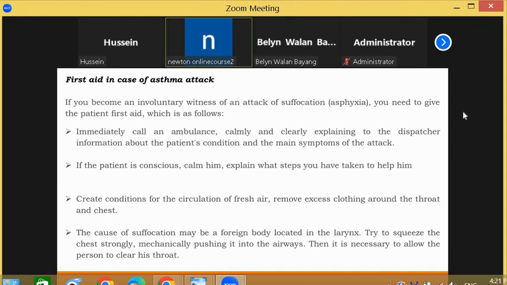The name of the administrator, please send one message to my Zoom. What is the actual name of him? Because I need to mark attendance. Others, all the names are correct, right? Only the administrator has a different name.